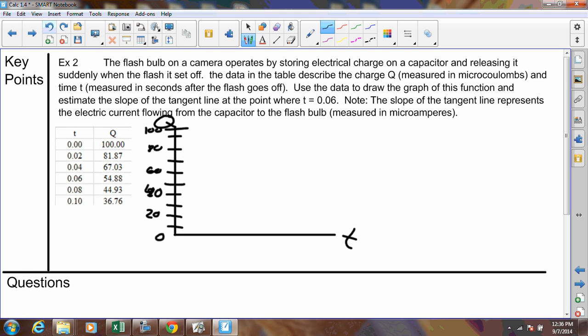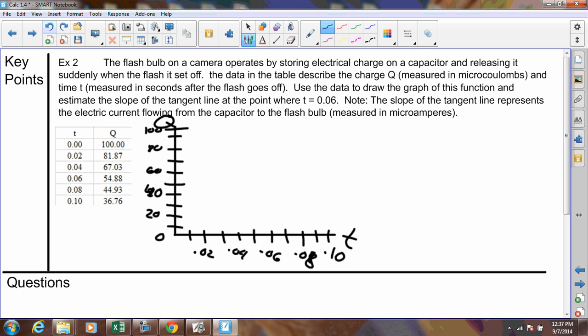And time goes from 0 seconds to 0.1, so here's 0.02, 0.04, 0.06, 0.08, 0.10. Man, my spacing is just all messed up today. Okay, finally got them in. Sorry it took so long.